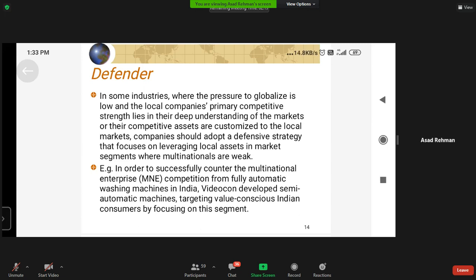They knew that with a fully automatic washing machine, they would not be able to compete with brands like Samsung or IFB or Whirlpool. So instead, they focused on the product which they were good at making, and focused on the specific market, right? Is it okay?